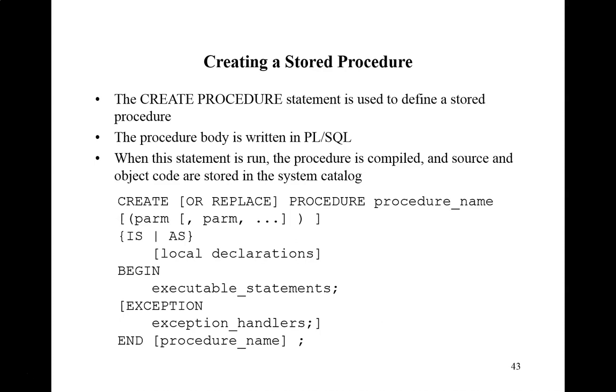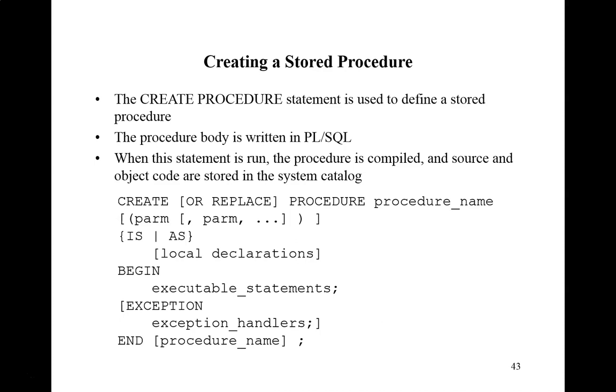If the procedure does exist, it will be replaced by the definition we're providing at this time. Notice that parameters, which we've denoted here as parm, are also optional. We'll have more to say about those in a moment. So a procedure could have no parameters or could have several parameters.